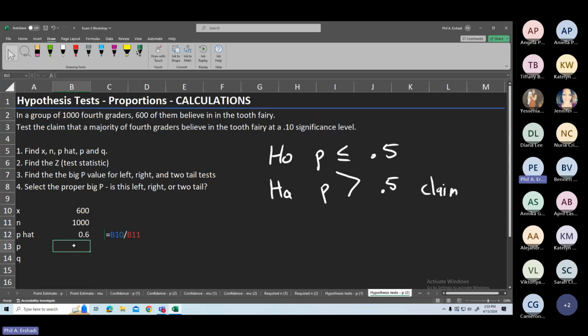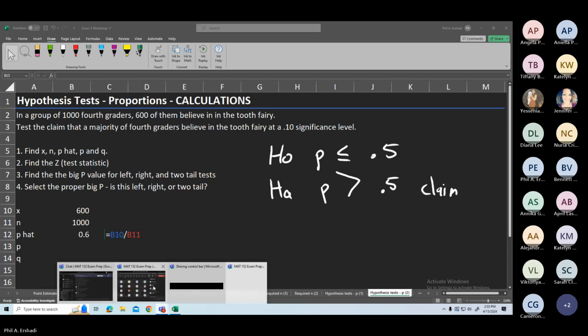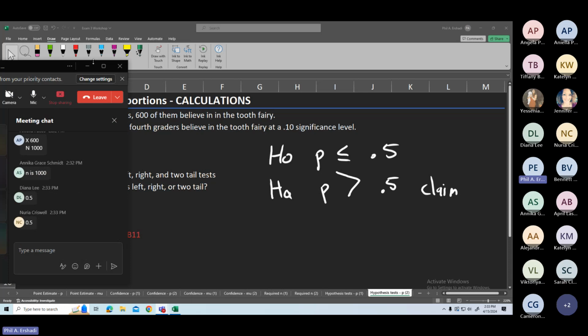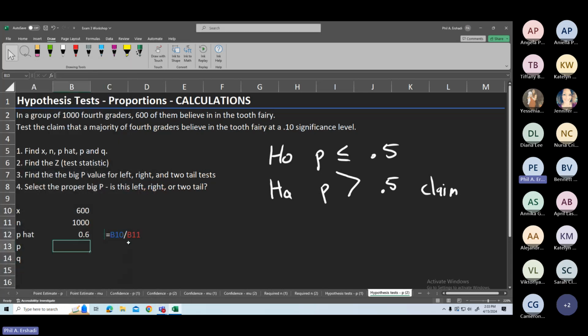What's my P going to be? 0.5, very good. That's right. So remember that your P comes straight from the claim. So whatever your claim says, that's your P, 0.5. And then Q is just going to be 1 minus the P, just like before.